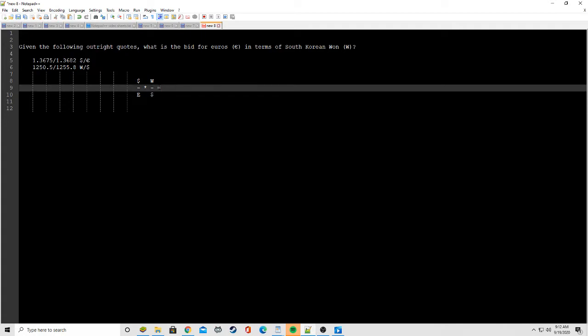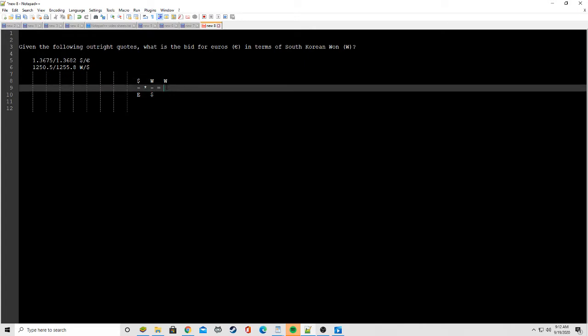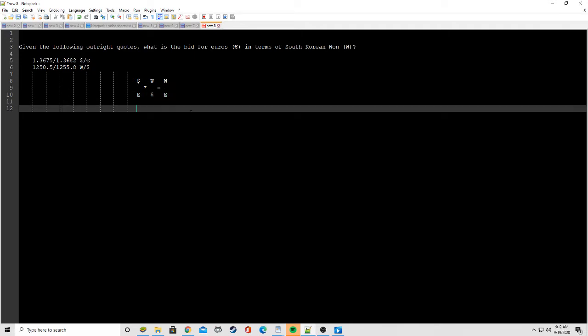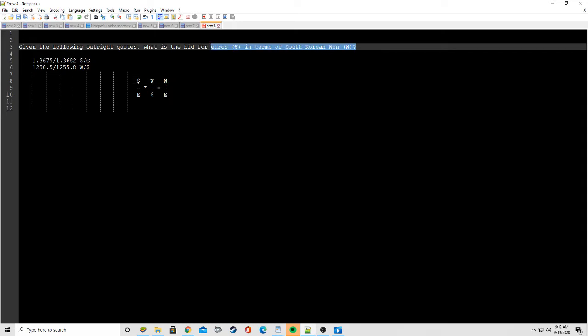And once they cancel out, what you can clearly see is we would just have the W, the South Korean won, in the numerator, and just the euro E in the denominator. When we read that, it would be euros in terms of South Korean won, which is what we need.